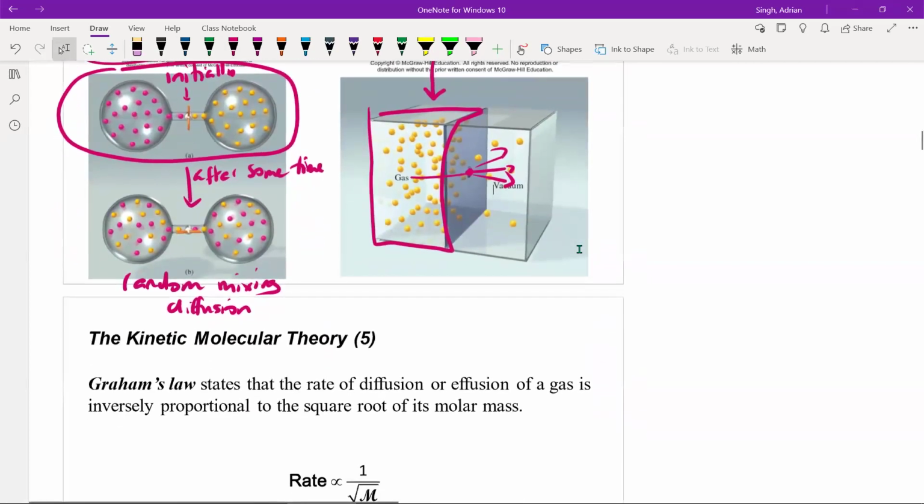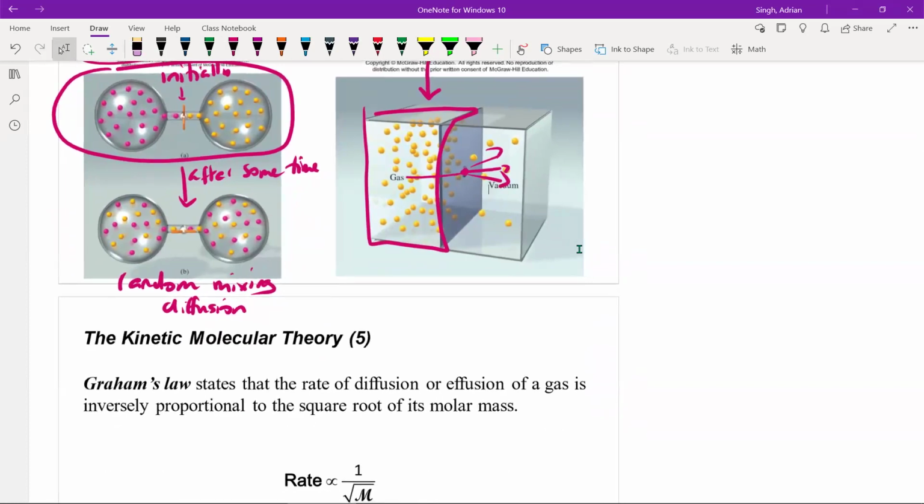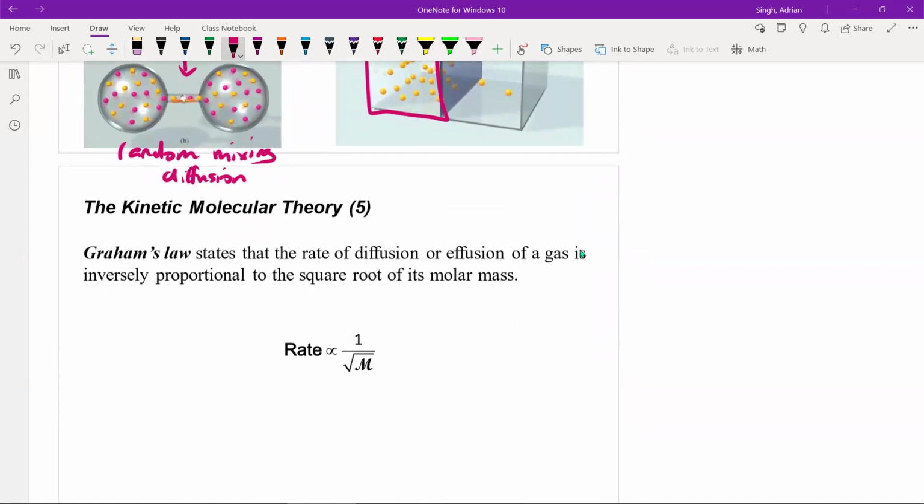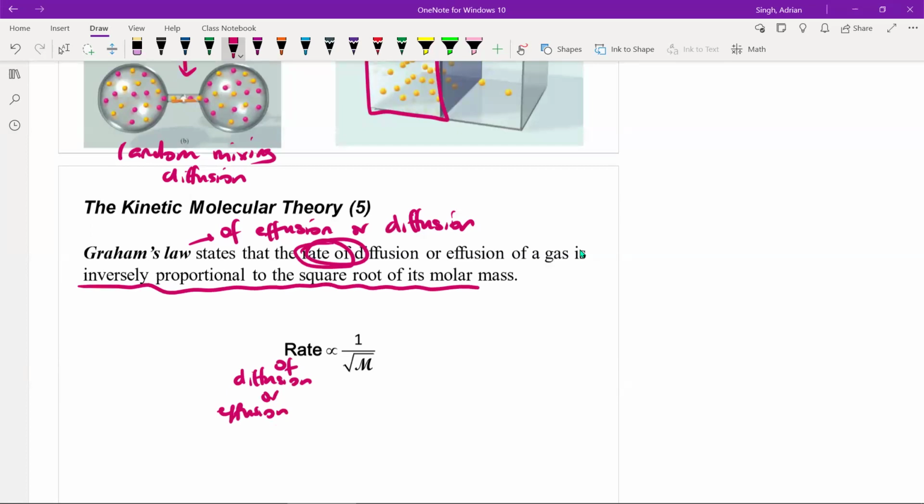So there's a law, and we're going to see lots of gas laws in the next few sections, called Graham's law of effusion or diffusion, which says that the rate, or the speed, of diffusion or effusion of a gas is inversely proportional to the square root of its molar mass.